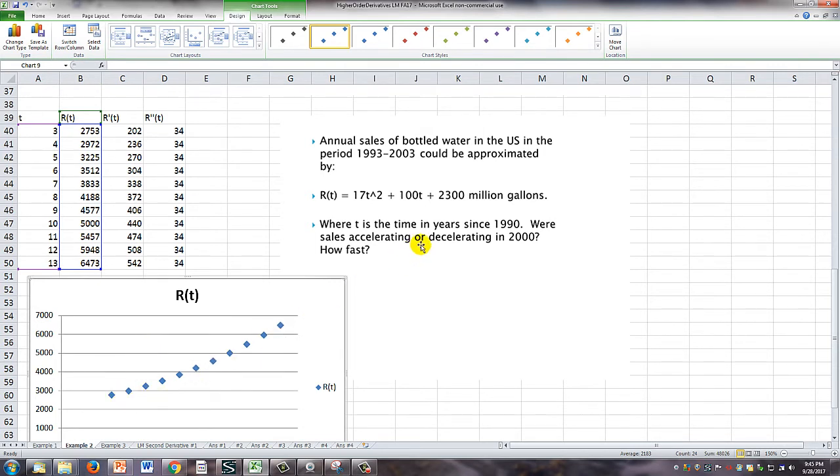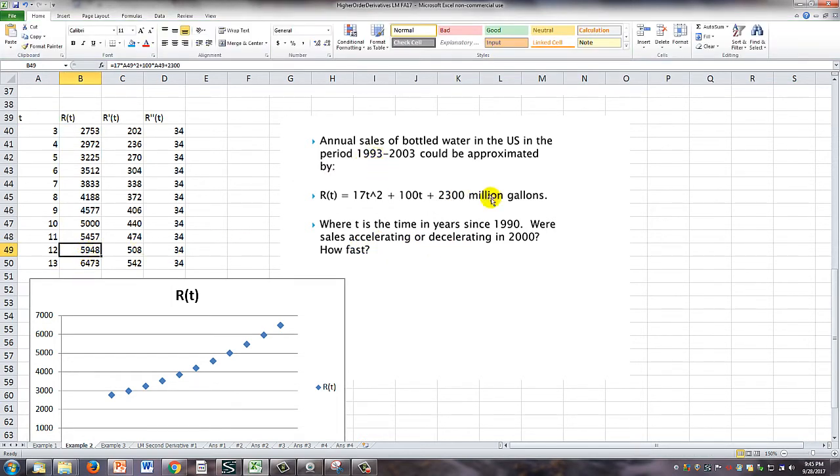Okay, we want to know were sales accelerating or decelerating in 2000. So 2000 is 10 years from 1990, so this is 2000 right here. And the first derivative is positive, and the second derivative is positive, and so when the signs are the same, you're accelerating.